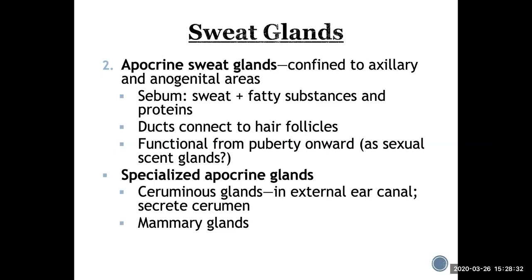You also end up with your apocrine sweat glands being activated, and because they secrete a sebum that is sweat plus fatty substances and proteins, which doesn't actually have an odor itself, but once it reaches the surface of your skin and interacts with bacteria that live normally on your skin, like good bacteria, then it produces body odor. So that's why you start to have body odor when you reach puberty as well.